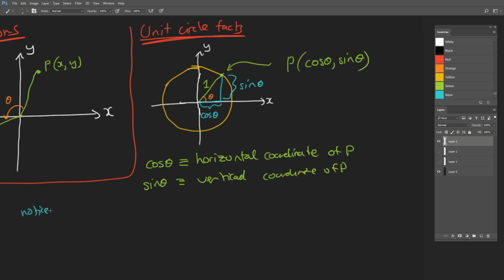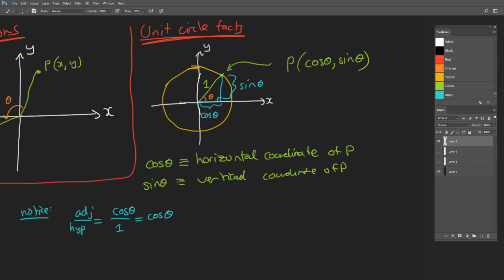But now notice, in our right angle triangle, adjacent over hypotenuse is equal to cosine theta over 1, which is just cosine theta.